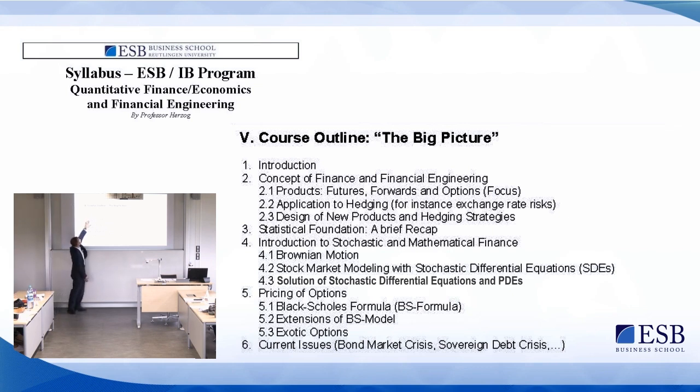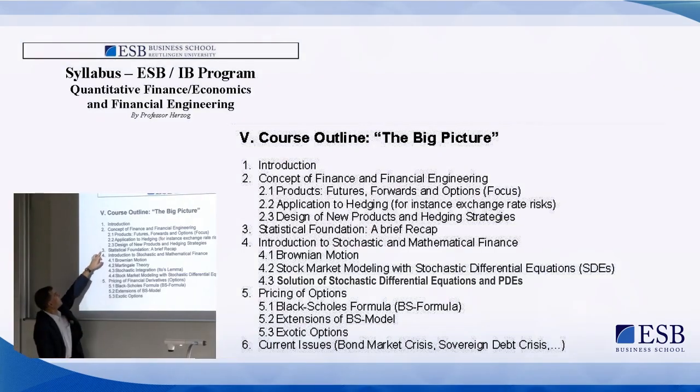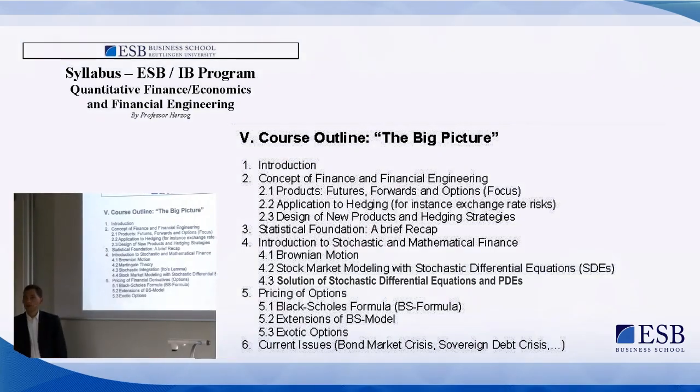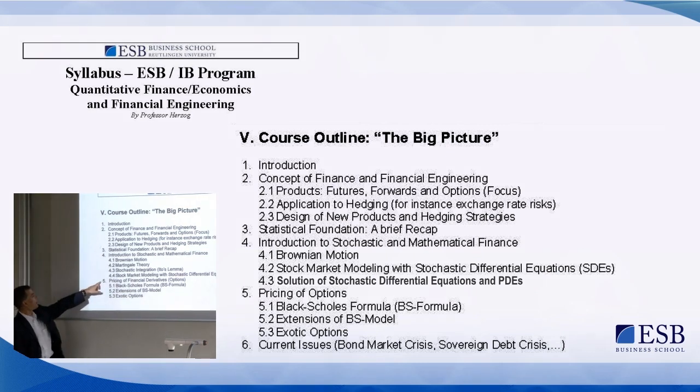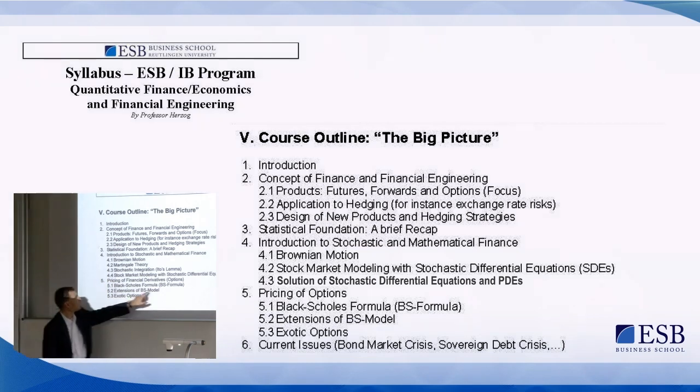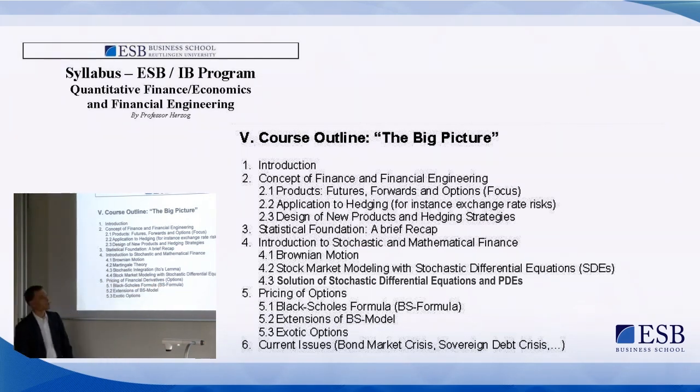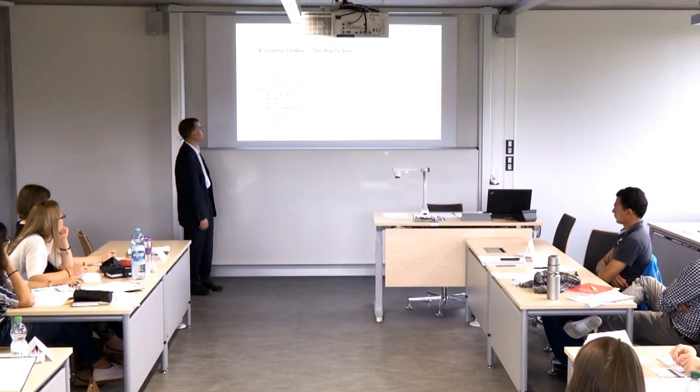Then we move on to the engineering aspect: what can we do with options, different types of options, using them for hedging, design of new products. Then in sections 3 and 4, we learn the tools we need for the ultimate goal of this class, pricing these financial products, in particular pricing options. In general, we call these financial derivatives. You will see in a second why we call it a derivative.